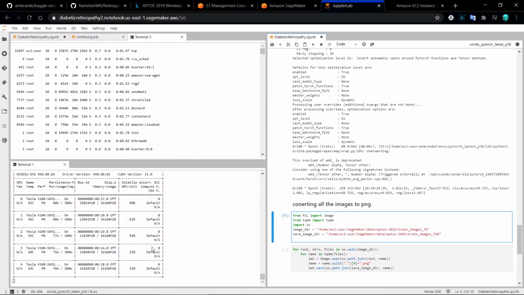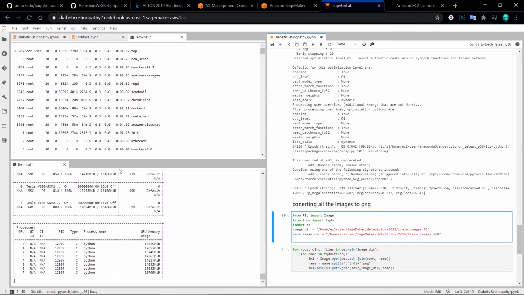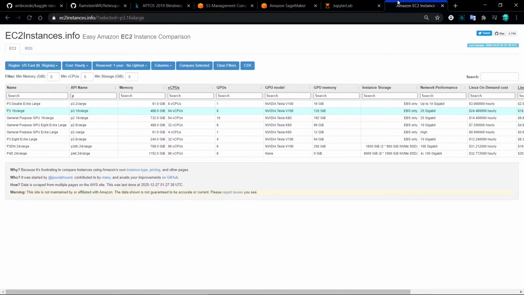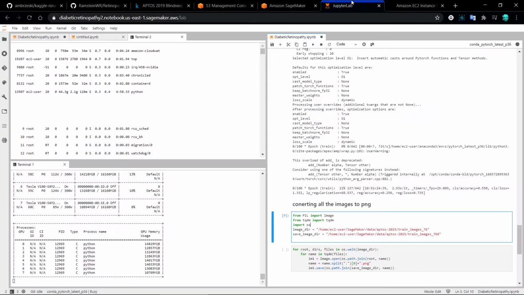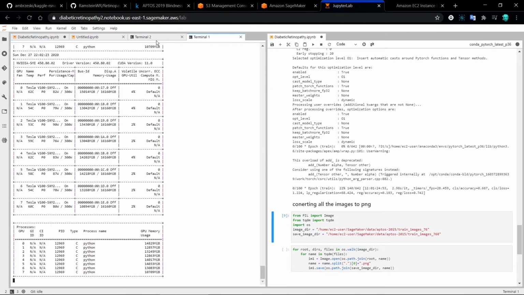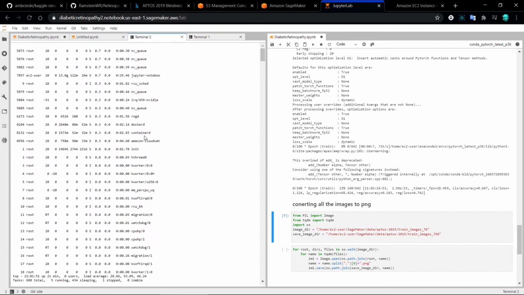You see that the GPU memory is almost fully being used: 14 gigs, 12 gigs, 13 gigs, 12 gigs, and there are the 8 GPUs all having 16 gigs of memory. NVIDIA Tesla V100. And as for the CPU resources, let's have a look. What exactly are the CPUs we are using here?